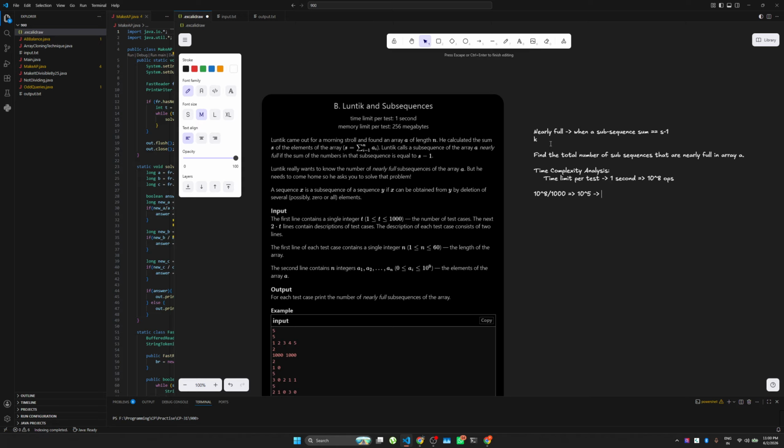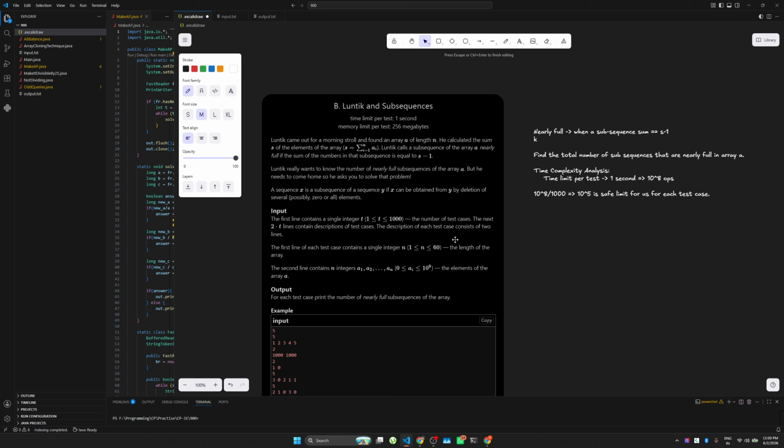So 10 to the power 5 is a safe limit for each test case.